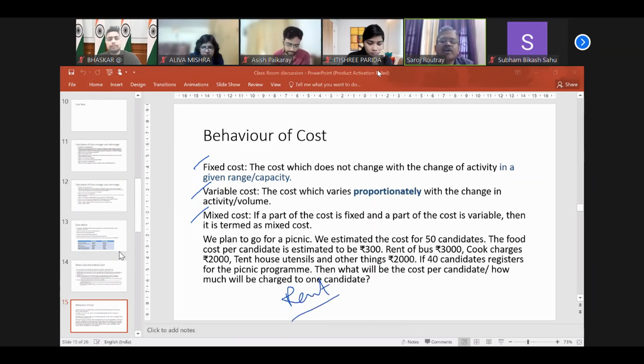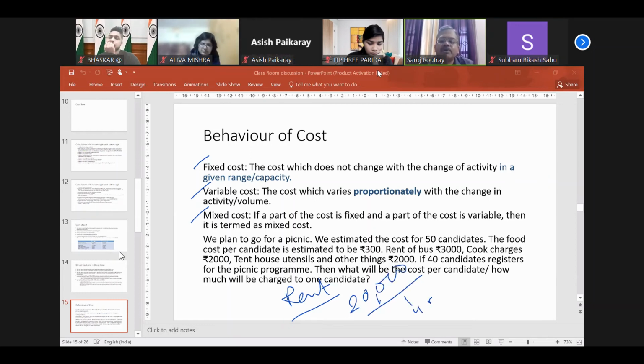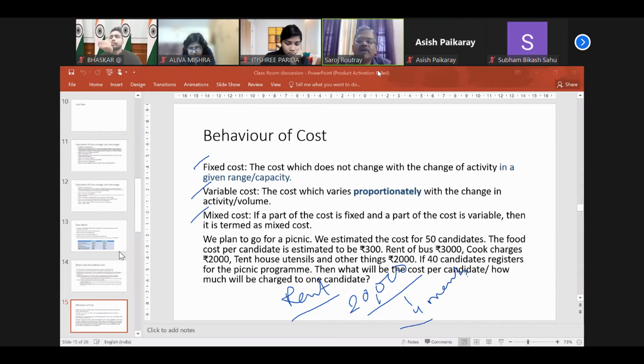I am staying in a rented house and the rent is 20,000. We are 4 members. When my parents visit, we become six members. If any relative comes, the number increases. We go somewhere else, the number decreases, but I pay a rent of 20,000. So this is a fixed cost.